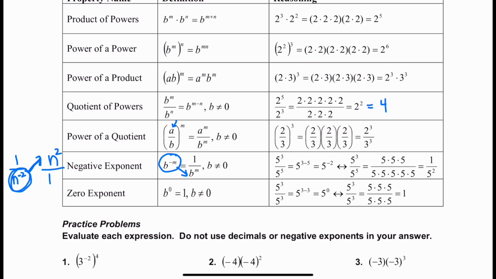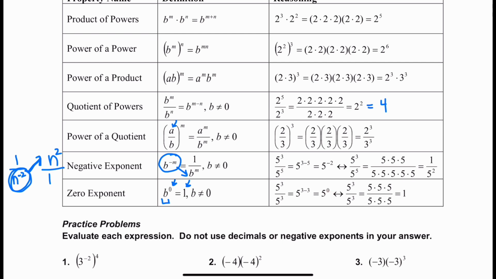Now we have a 0 exponent. Anything to the power of 0 always equals 1, but b, the base, cannot equal 0. So why is that? Let's say I have 5 to the power of 3 divided by 5 to the power of 3. What's happening is we can subtract those exponents. 3 minus 3 equals 0.